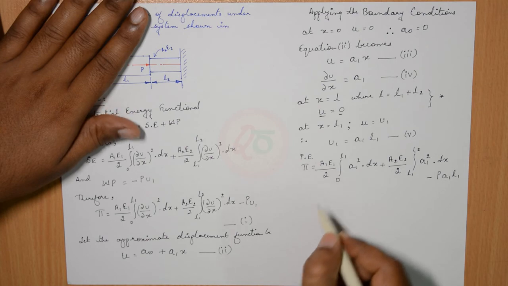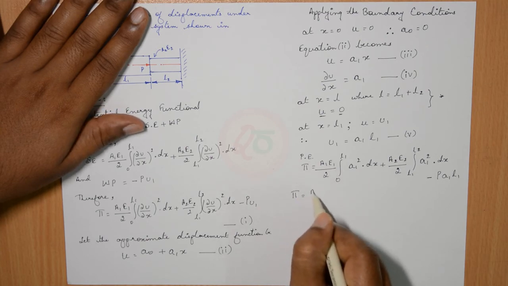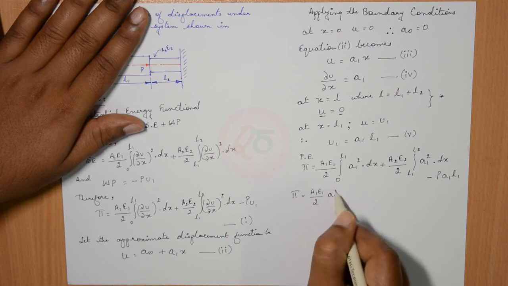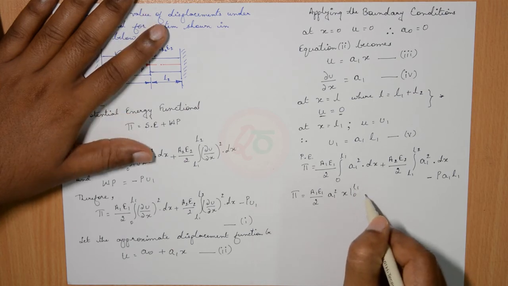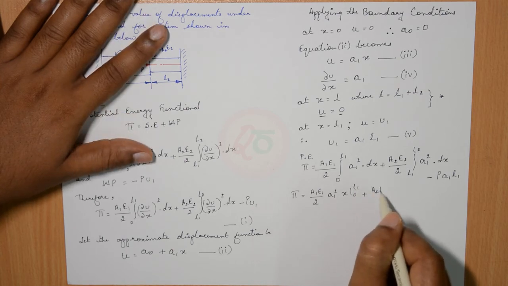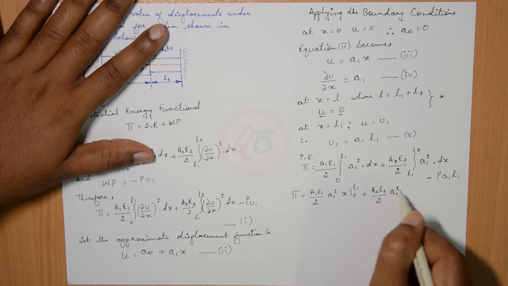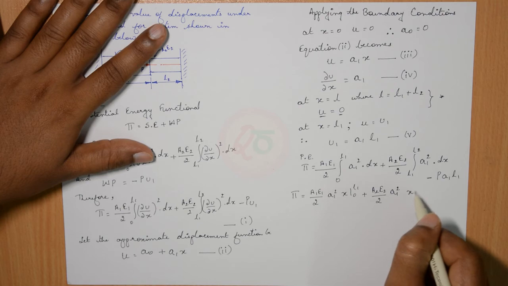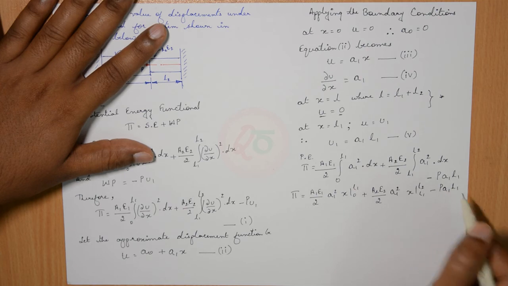Now when you apply the integration, pi is equal to A1 E1 by 2 a1 square x from 0 to L1 limits, plus A2 E2 by 2 a1 square x from limits L1 to L2, minus P a1 L1.